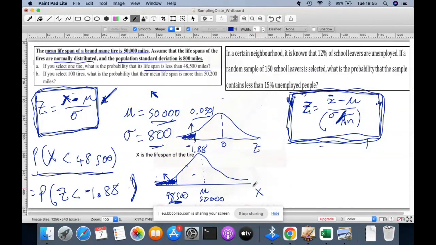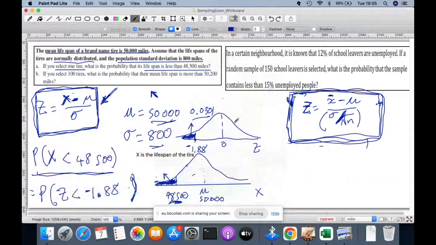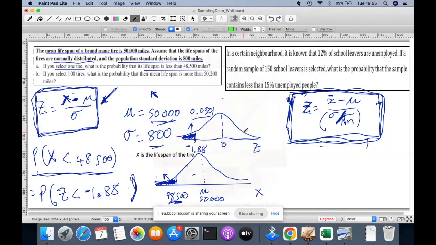I'm just going to check the chat. Caroline, yes, you're on the right track, but that's not the final answer. I'm glad you put that in the chat, because I have seen students make this mistake. What you did is you went to your table and looked for positive 1.88.